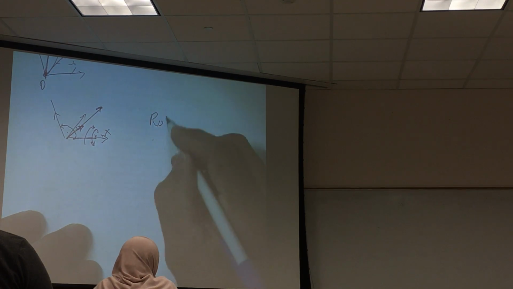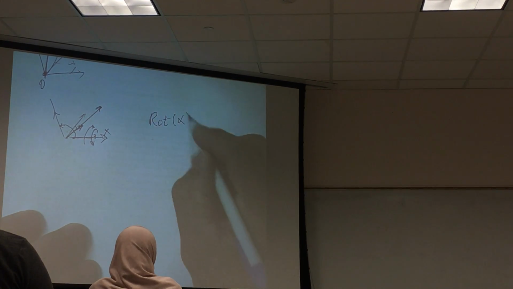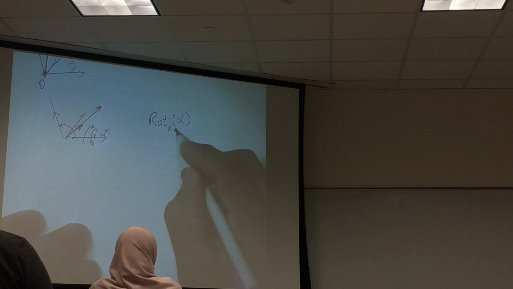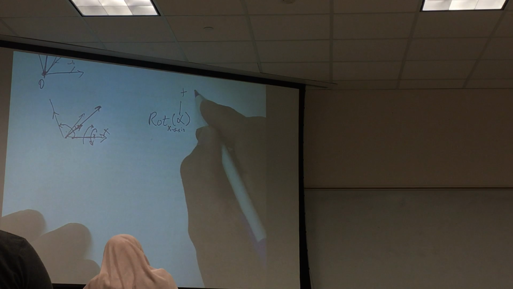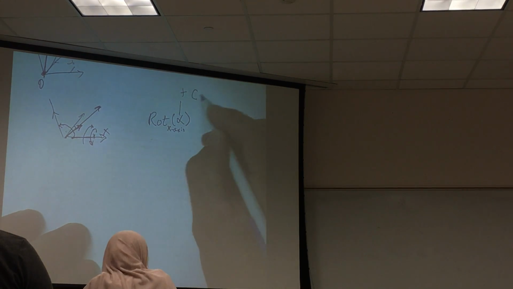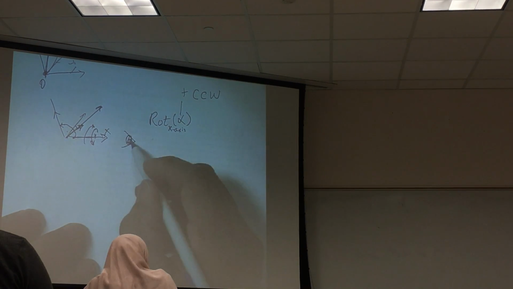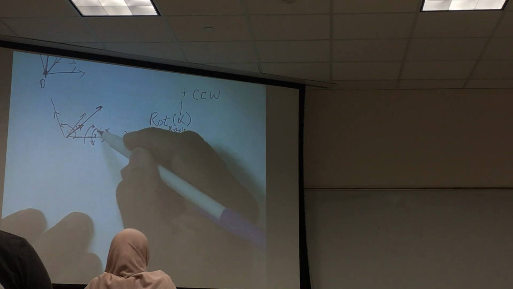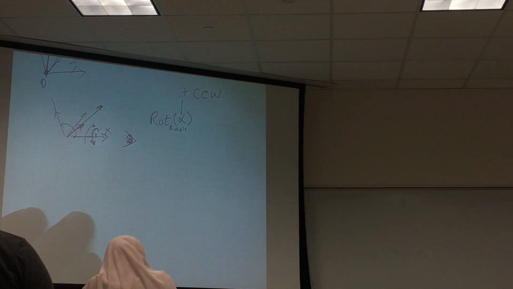Remember, rotate by a certain angle alpha along a certain axis, and this alpha is positive. We're rotating counterclockwise if you're looking from the axis back at the origin, right? So if you use that angle first, we just flip by the positive angle, because the value that we get is positive.